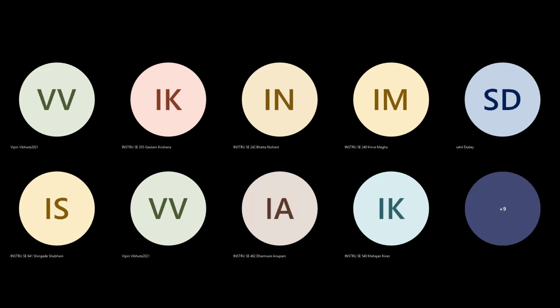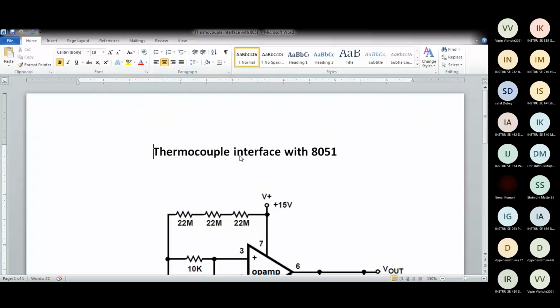The thermocouple interface is visible. Yes, it's visible. So we'll see again interfacing a thermocouple, a sensor, to the 8051. You remember temperature sensors like LM35 and thermocouple all give analog output.